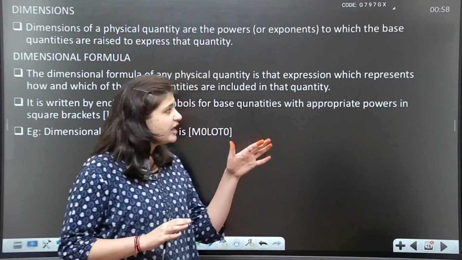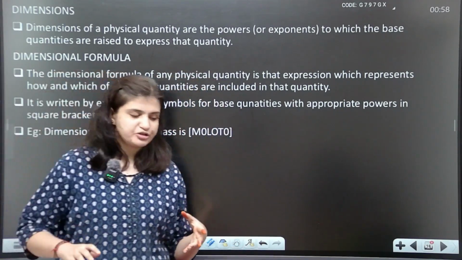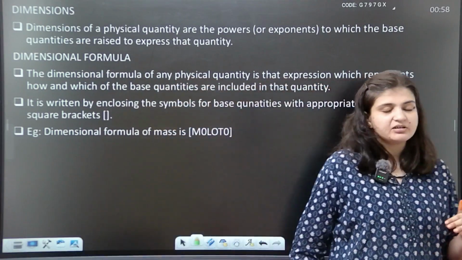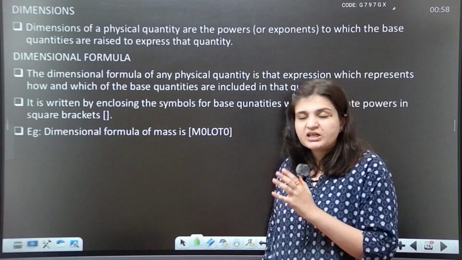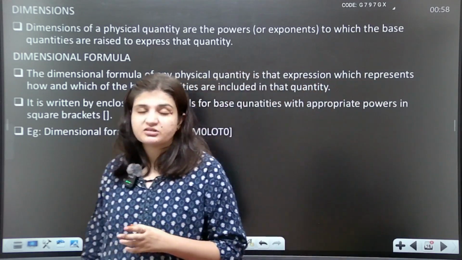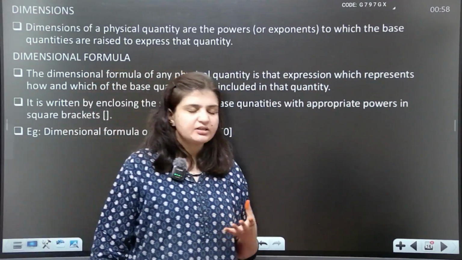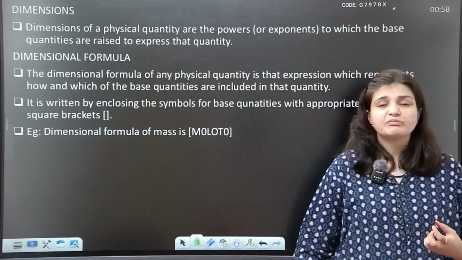And now we will talk about the dimension. In this chapter, we have had the concept of units, now the concept of dimension. Students, let's understand it. What is a dimension?